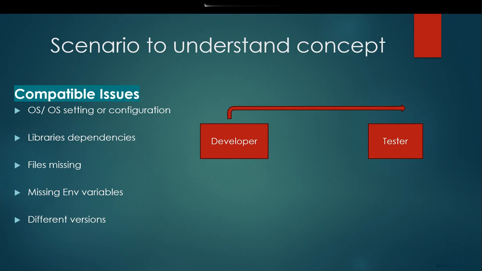We can bundle and group all these things into a package, or we can say a bundle. That bundle is nothing but a container. So that container you can run anywhere.